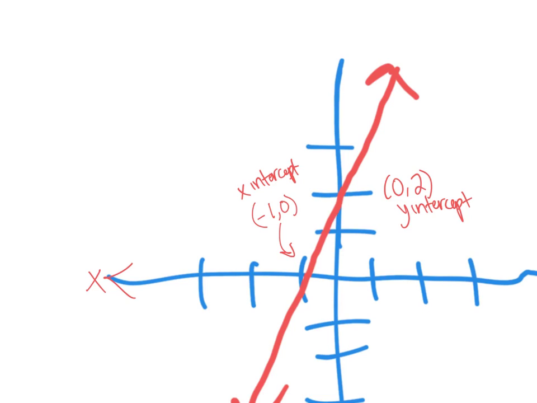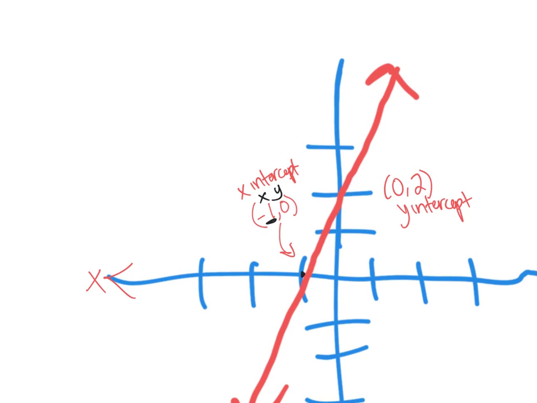On the x-axis, where does it hit? I know it's not perfect, but I did my best. -1. X-intercept. What about the y? It hits at 2. The reason that the -1 comes first is because this is the x.